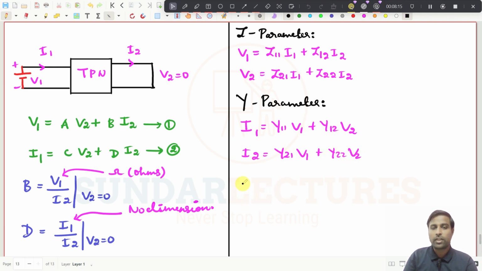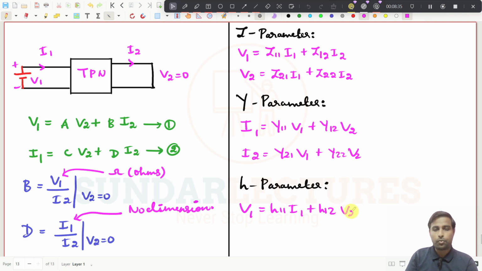And for the hybrid parameter, the H parameter, you have to combine everything. So V1 equals H11 I1 plus H12 V2, and I2 equals H21 I1 plus H22 V2.